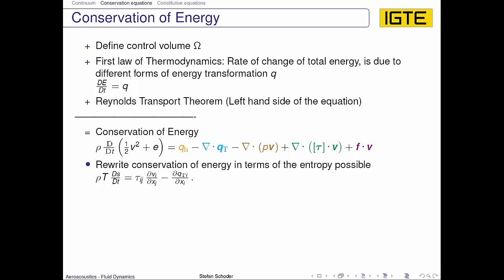There is a possibility, and I would like to tell you this in the context of conservation of energy, that we can rewrite the conservation of energy in terms of the entropy. Then we get an expression of the total change of the entropy on the left hand side.